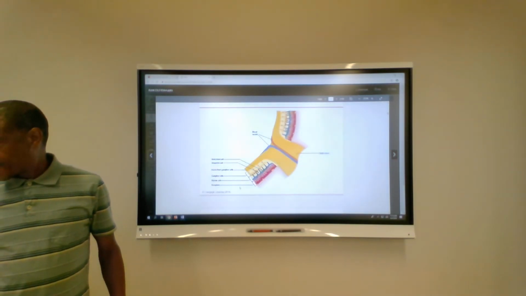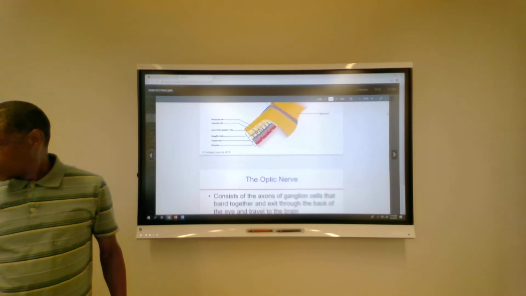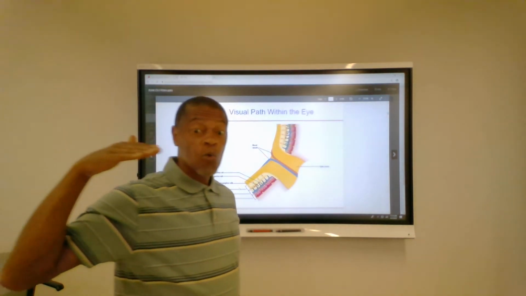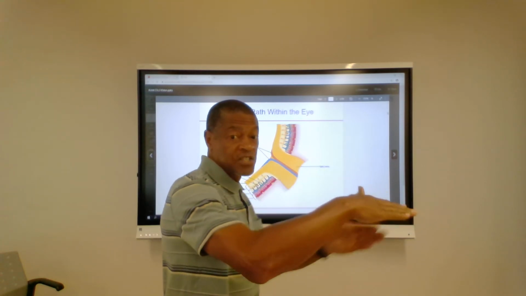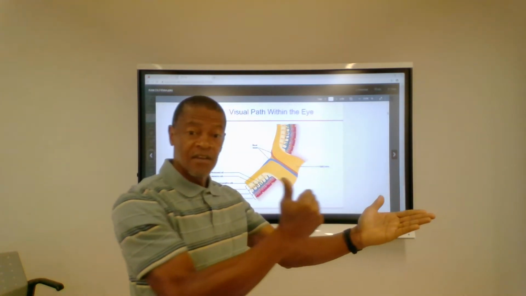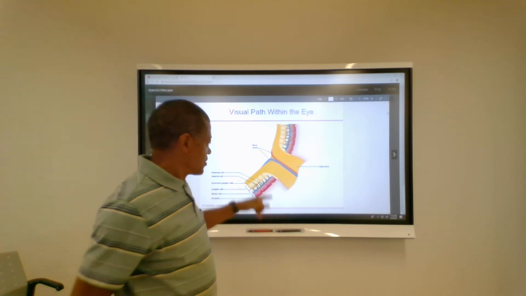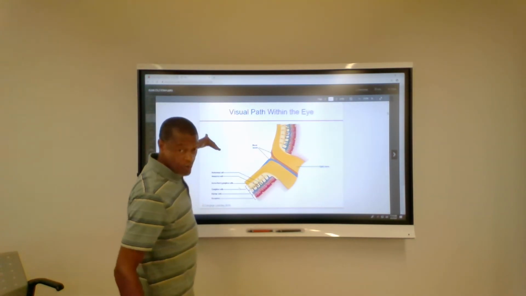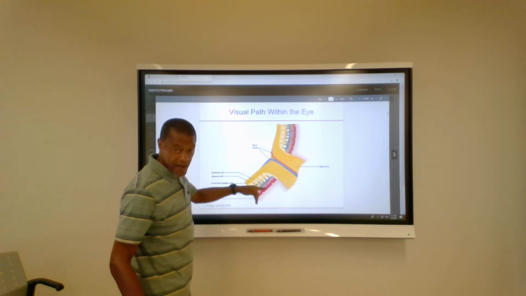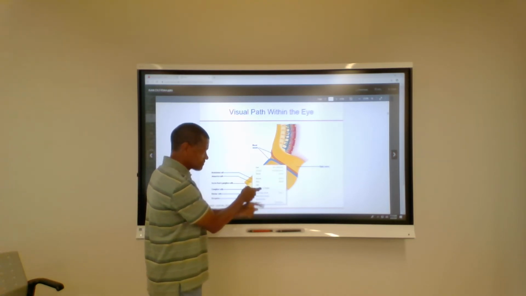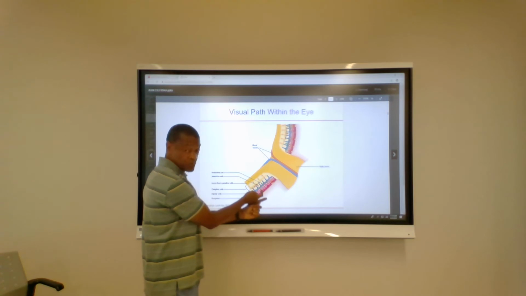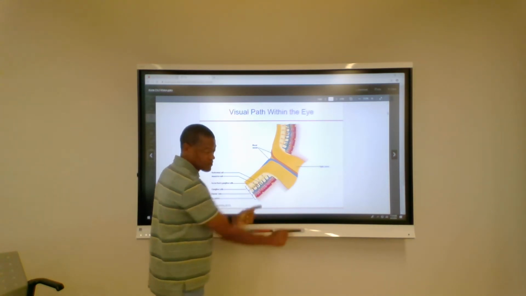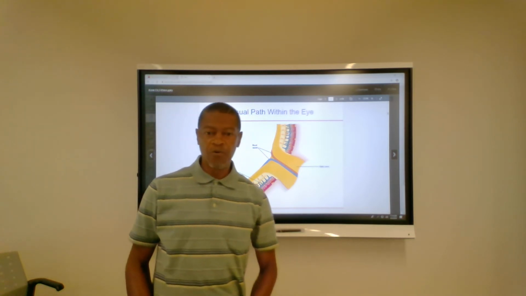So on the back of the eye, understand this. Light shines all the way through the retina, hits the back of the eye, then the cells are processed this way before it then goes to the last group of cells to go to the optic nerve.